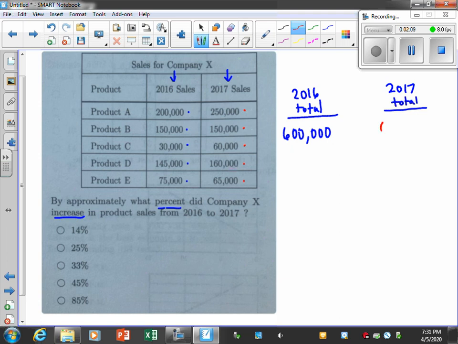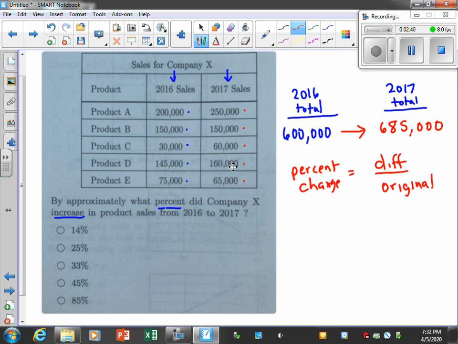Add all those up and I got 685,000. Okay, so we definitely know it increased, and it increased by 85,000. To find percent change, you're going to have the difference over the original.